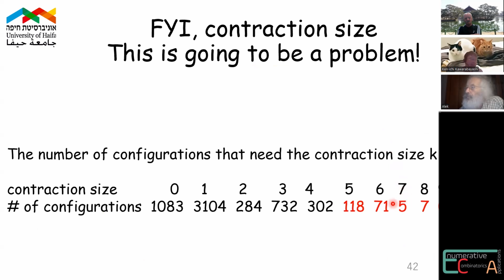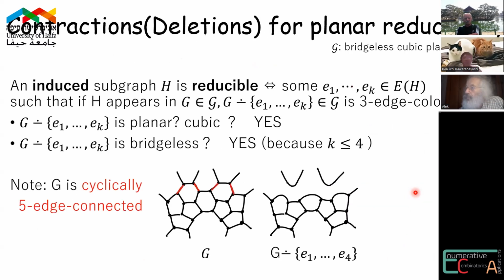And in fact, we have 5 edges to delete. It's like more of these red parts. That's a dangerous zone. I'm going to tell you why. To begin with, the two difficulties I presented are not a problem in the Four Color Theorem. Why?